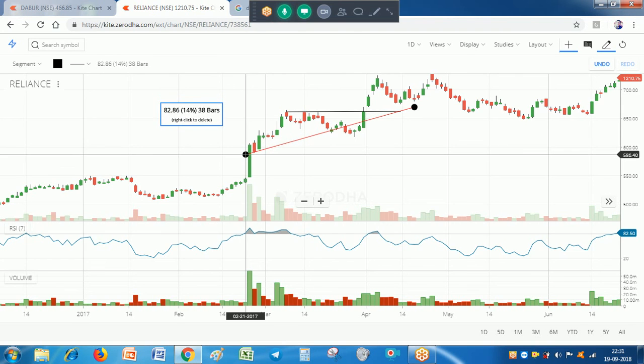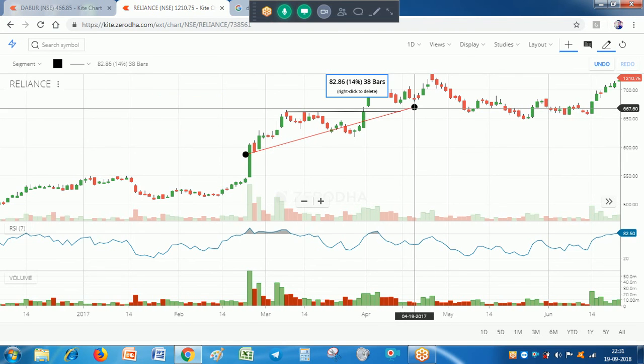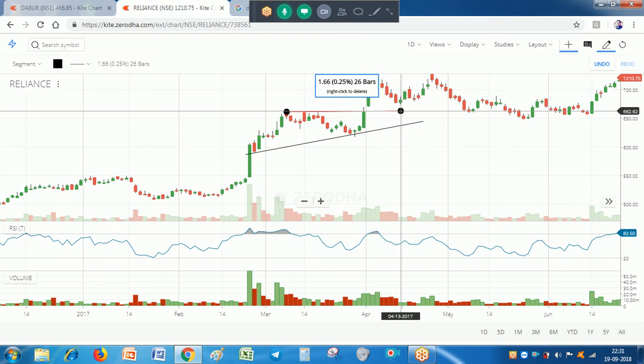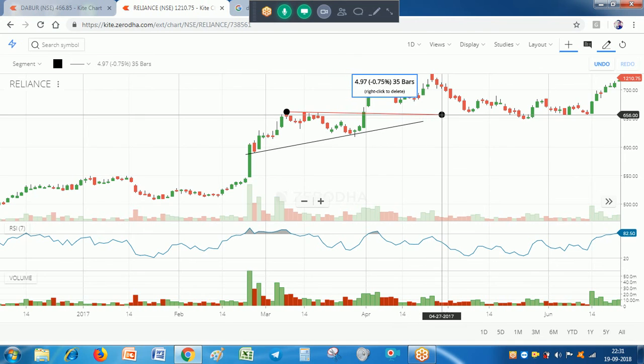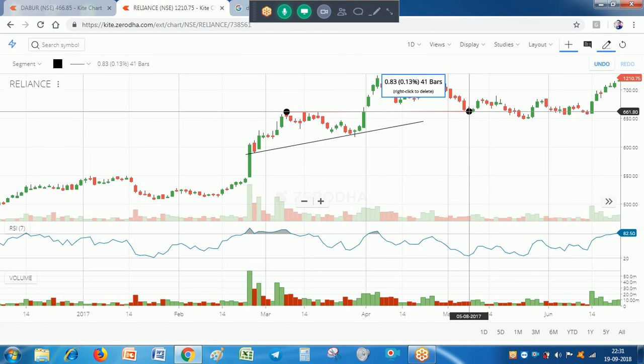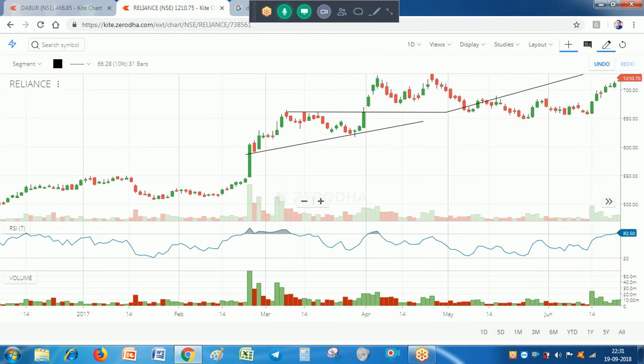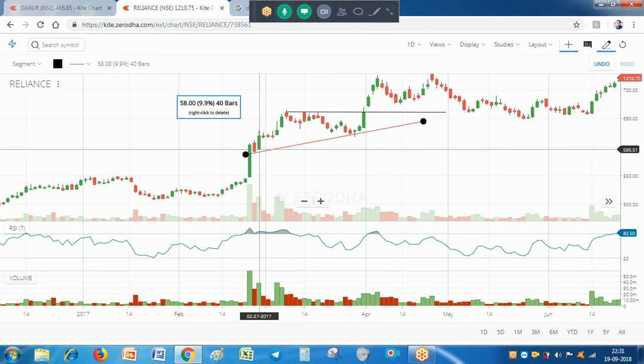The breakout level starts from this. Okay, so we need not connect the full triangle. Just look at this. There is a formation of a triangle-like shape.